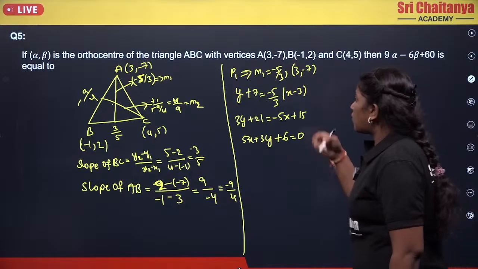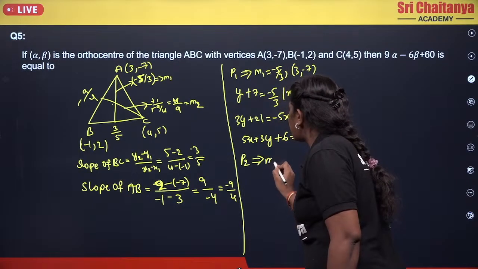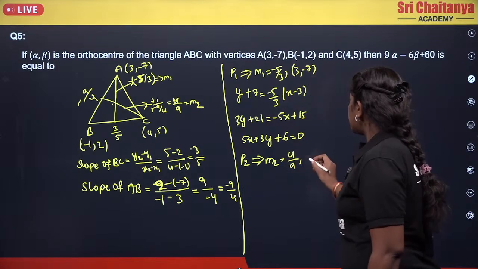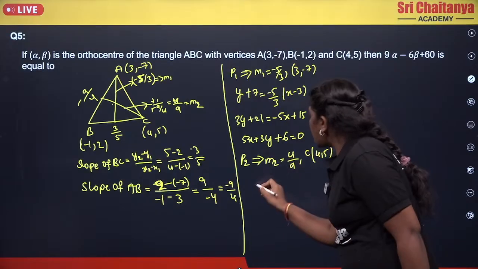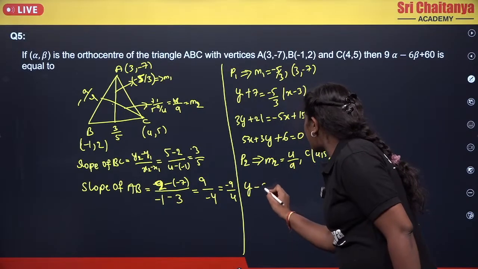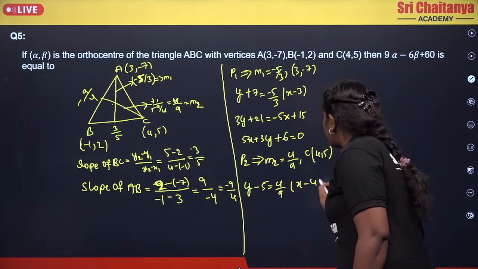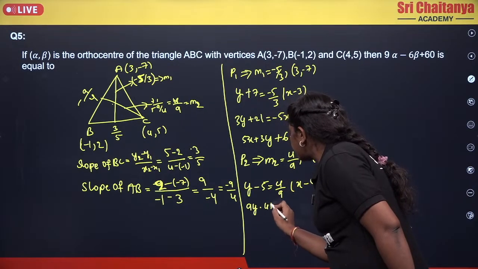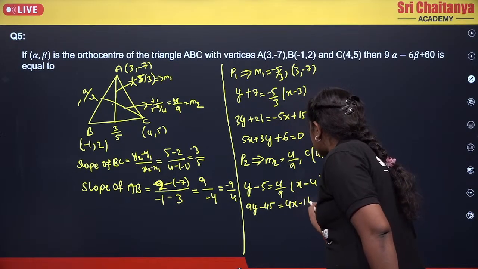Now let's solve for perpendicular 2. For perpendicular 2 we have the slope m2, which is 4 by 9, and the point is C, which is (4, 5), right? Now it becomes y minus 5 equals 4 by 9 into x minus 4. So that becomes 9y minus 45 equals 4x minus 16.